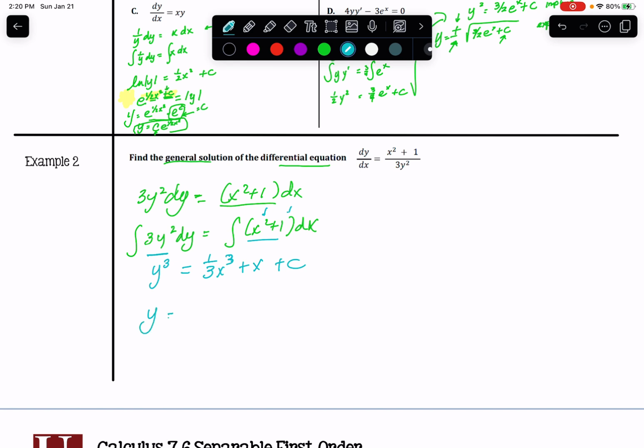And so y would be the cube root of 1/3 x cubed plus x plus c.